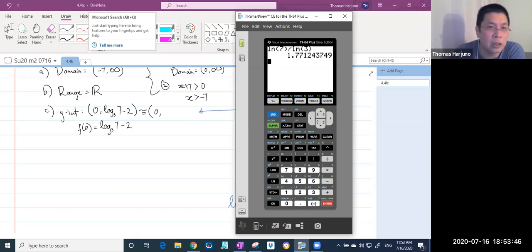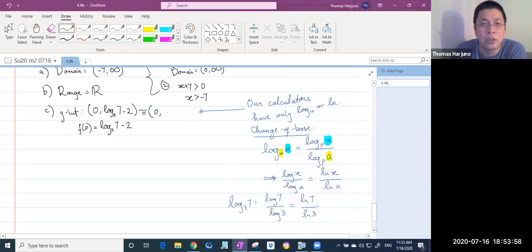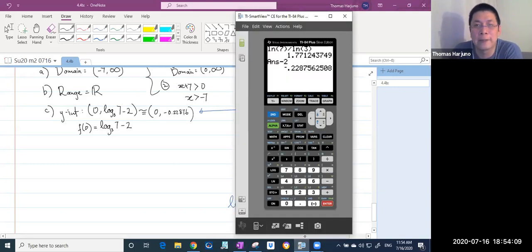And then I think I need to minus 2. That will be negative 0.22876. That's the approximation in 5 decimal places.